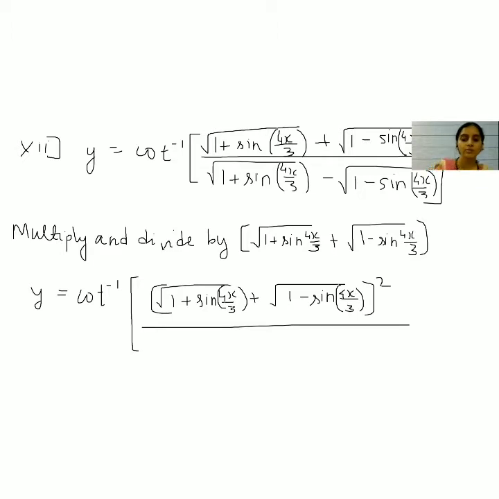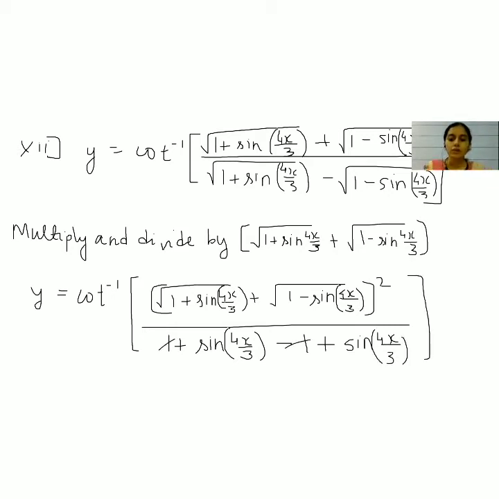So it is a square. So 1 plus sine 4x by 3, the root sign will go off, minus b square, again the root sign will go off, put a bracket, and the sign will also change, so minus 1 plus sine 4x by 3, right? This is a plus b, a minus b multiplication, okay? Now the numerator expansion, it is a plus b the whole square, so we'll get y is equal to cot inverse of, okay, a plus b the whole square.